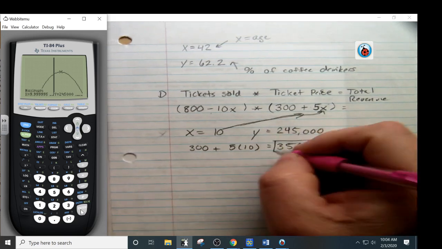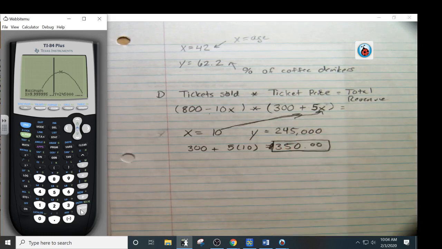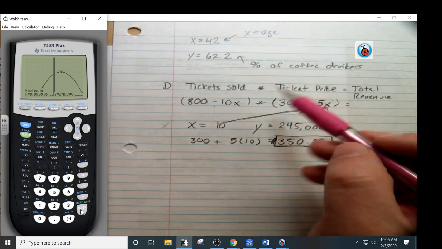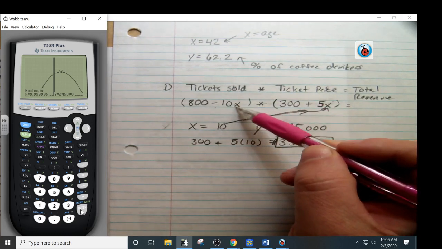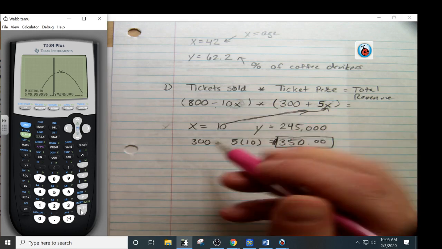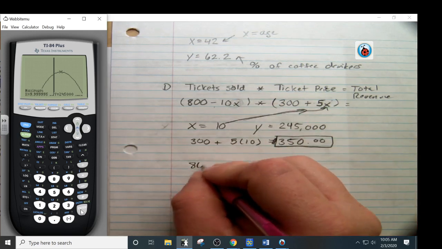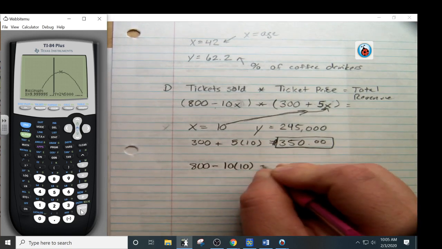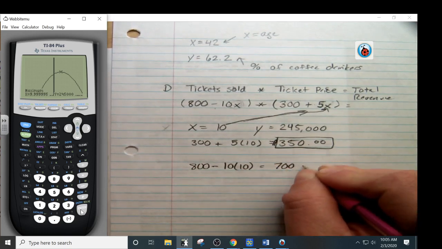All right. Now, guys, what if they ask you how many tickets will be sold to maximize their revenue? What would you do there? You'd plug in the 10 here. Tickets sold will be 800 minus 10 times 10, which will be 700 passengers.